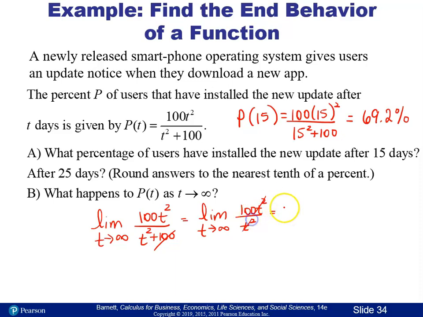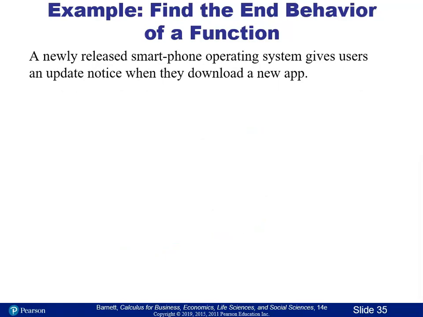So that limit is going to be 100. That tells us that as time goes on, the percentage of users that have downloaded the update is going to approach 100%. So basically everybody that's using the app has downloaded the update.